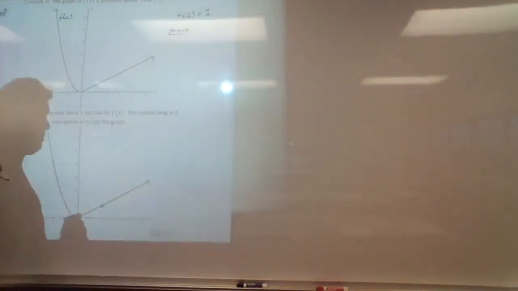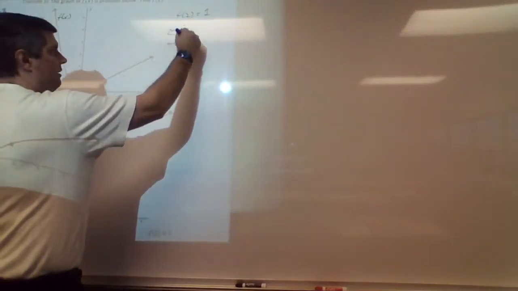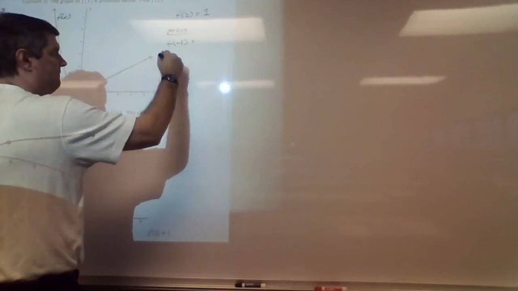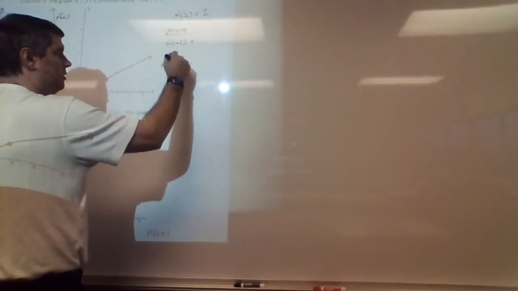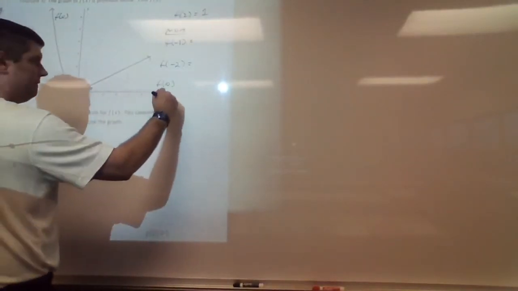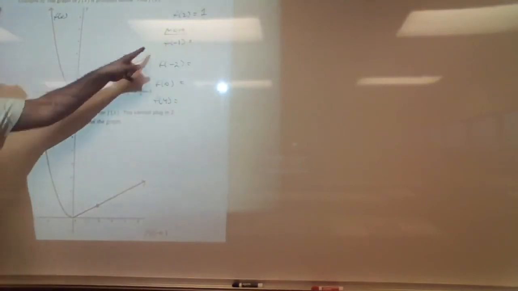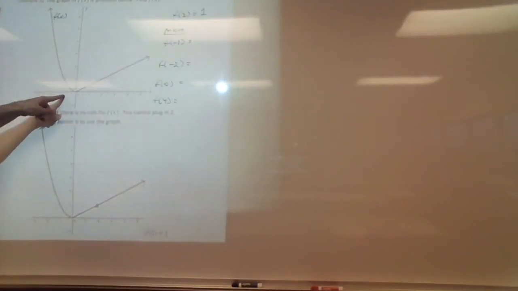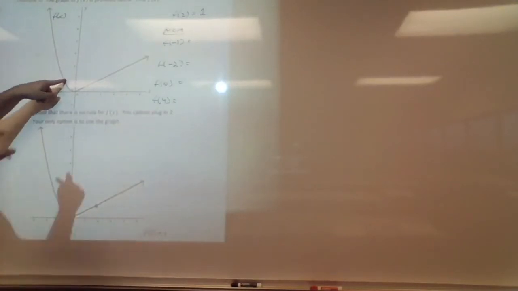I'm going to ask for more examples. So we'll talk about, say, f of -1, f of -2, f of 0, and f of 4. So f of -1, I'll go to x equals -1 on the number line, and I will go up and meet a y coordinate of 1.